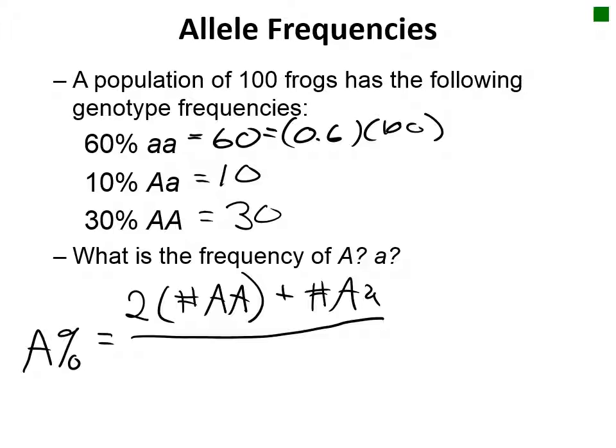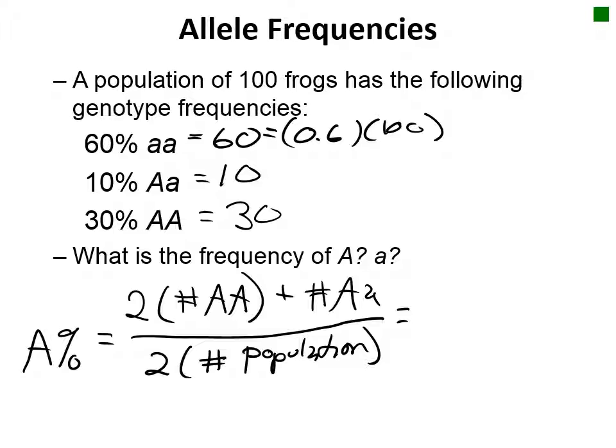We will divide that by 2 times the total number in the population, because each one in the population has 2 alleles. Solving this equation would be way shorter than counting the individual alleles for 100 different frogs.